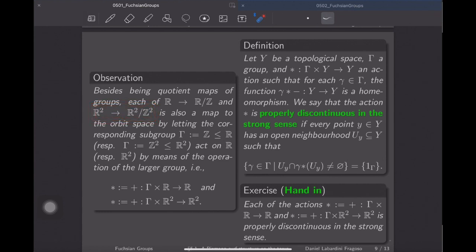and so we are going to be looking for actions that are properly discontinuous, but now, of course, in our context of actions on the hyperbolic plane, right?